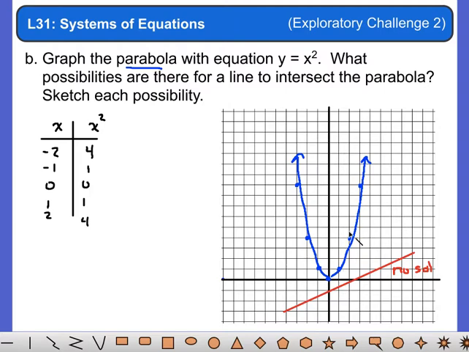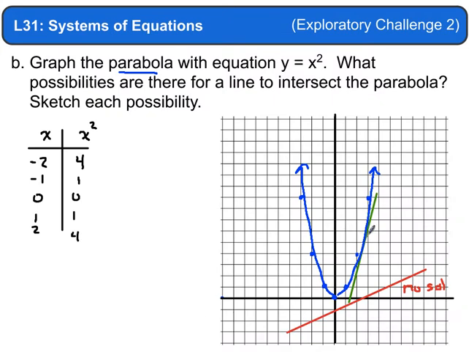There's also the possibility that I could have a line that just barely touches the edge of my parabola, meaning it would touch it approximately right there. We would call that one solution.